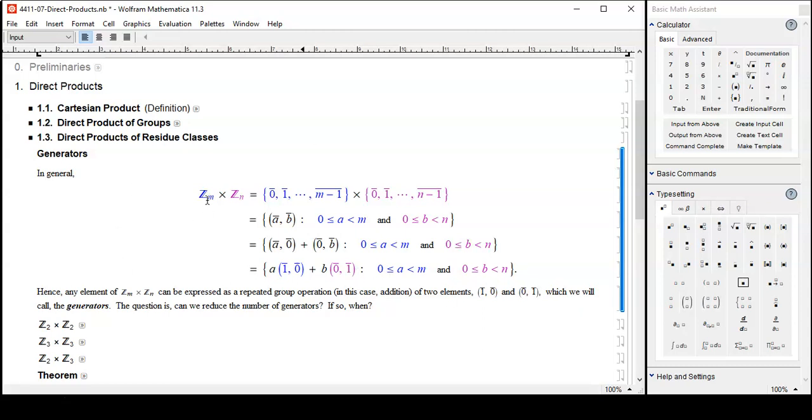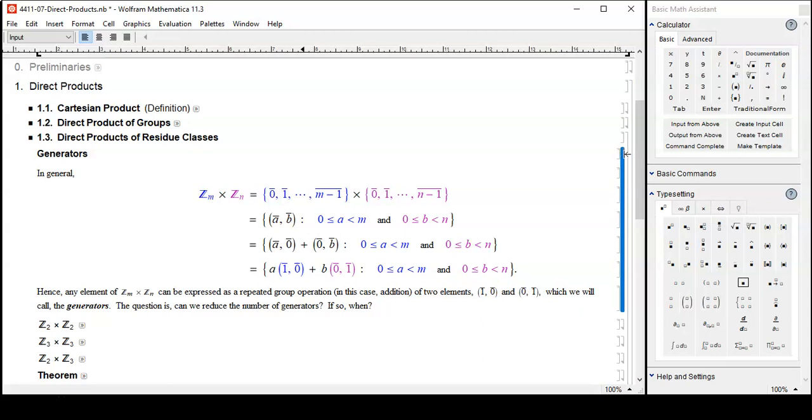If you have Zn times the n times, well, something else, Zs for example, then you're going to get 3 generators. If you have product of 17 of those, then I'm going to get 17 generators. And can we reduce those 17 generators down to, say, 14 or 6 or 3, whatever? Can we do that? That's the kind of question I'm asking.